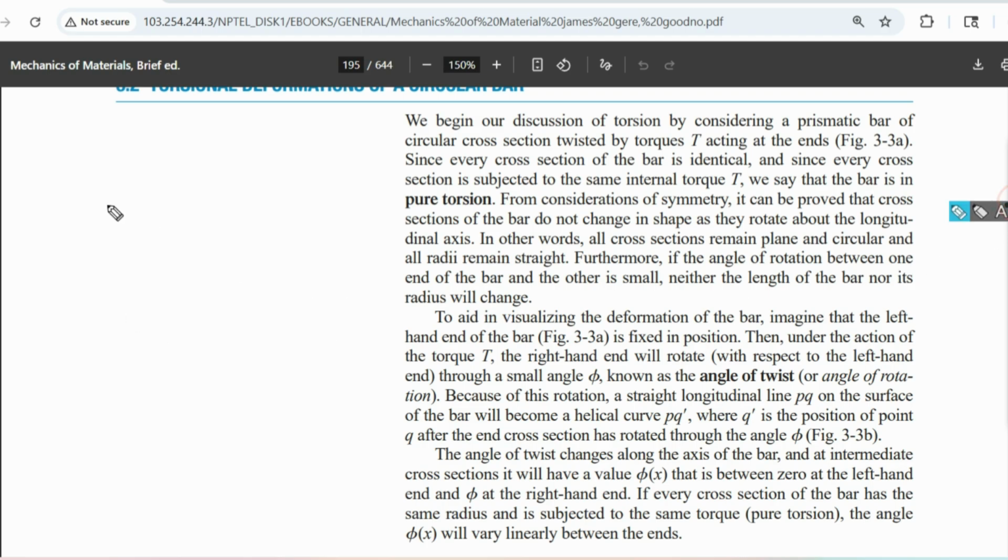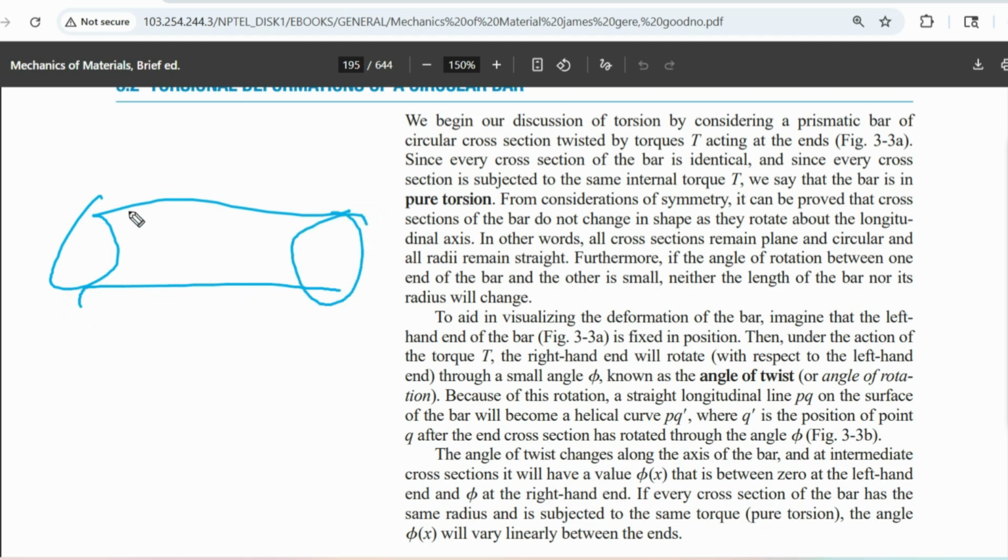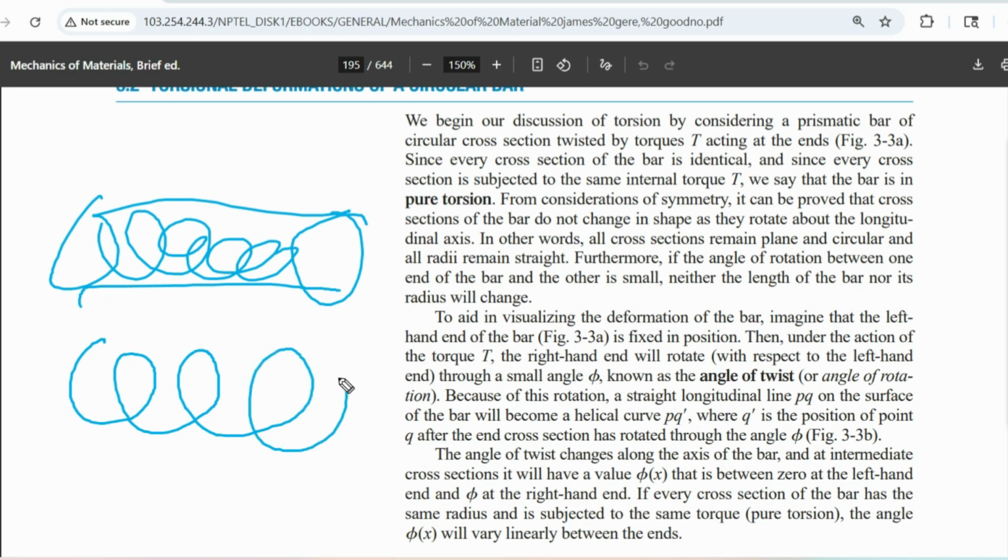You would think that if you had a bar and then you twisted it, maybe it all just bunches up. If I have a spring and I twist it this way and twist it that way, it's going to get a tighter spring and the length is going to change.